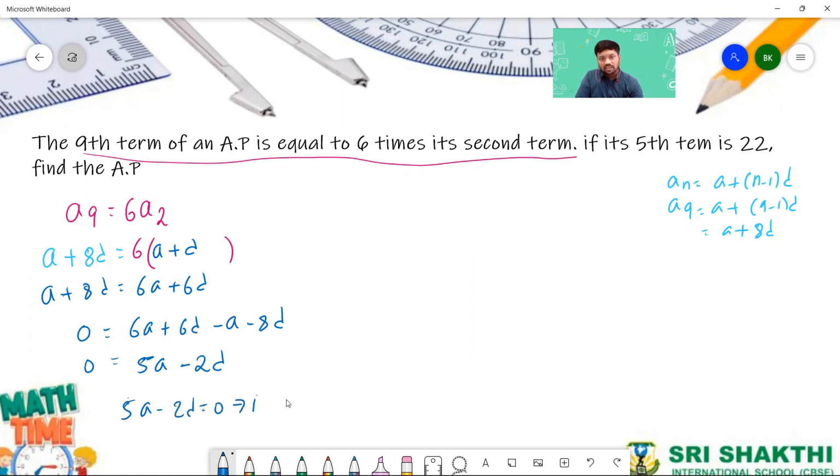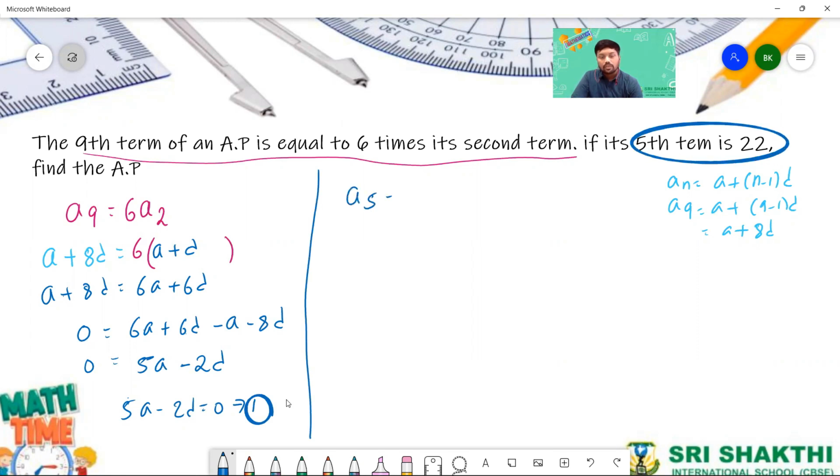Let us consider this as equation 1. Next, they have given that the fifth term is 22, so A5 is equal to 22. In the same manner, A5 is a plus 4d, and they have given it as 22. Let us consider this as equation 2.